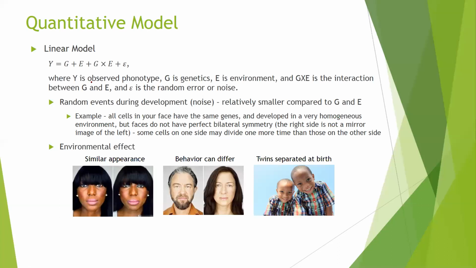Here, Y is the phenotype, G is the genotype, E represents the environmental factor, and G by E means the interaction between the genotype and the environment. And the epsilon here represents the random error.